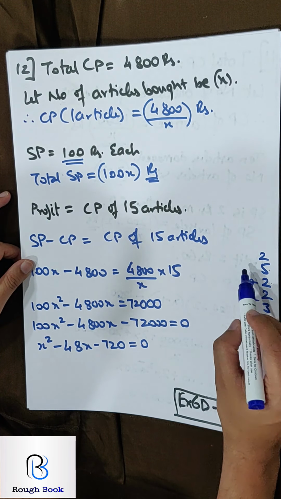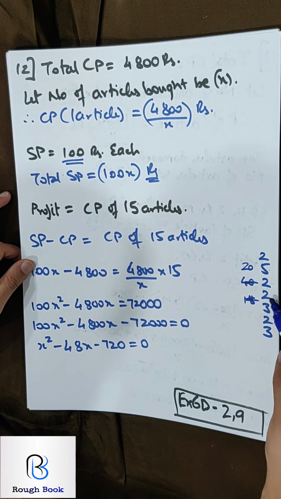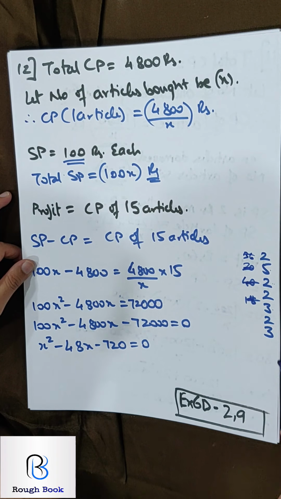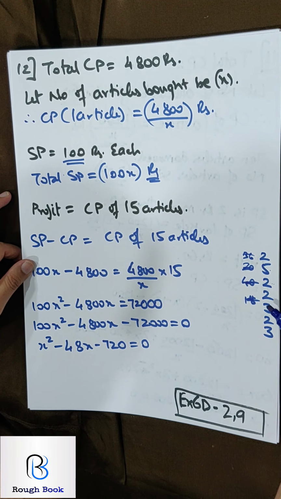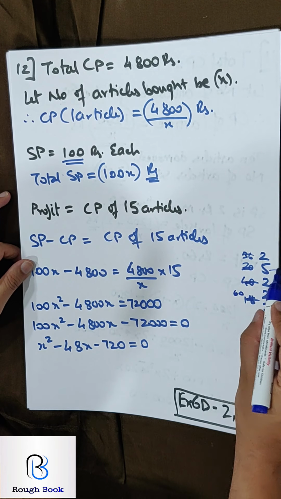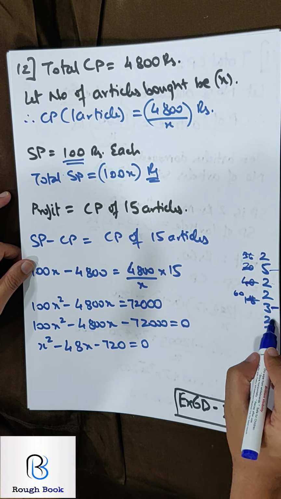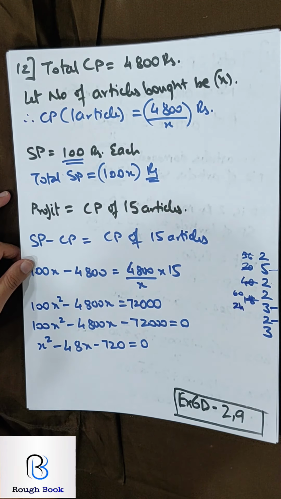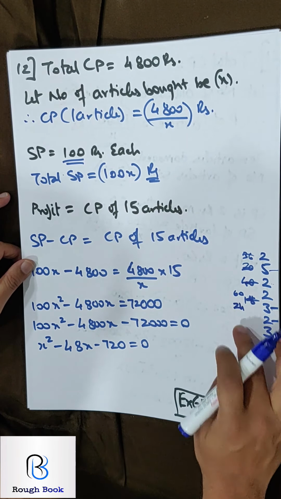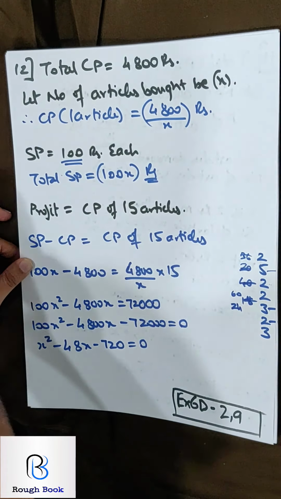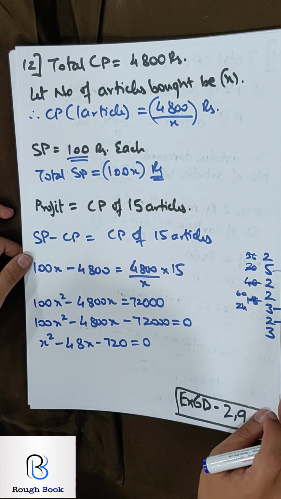So 5 2s are 10, 2s are 20, and 3 2s are 6, 6 6s are 36. So 36 and 20 also is not applicable. Let's try another part. 5 3s are 15, 15 2s are 60. What's left? 2 2s are 4, 2s are 8, 8 3s are 24. Does this help you? 60 minus 24? No, this also doesn't help us. So let's see what other factors can I take.